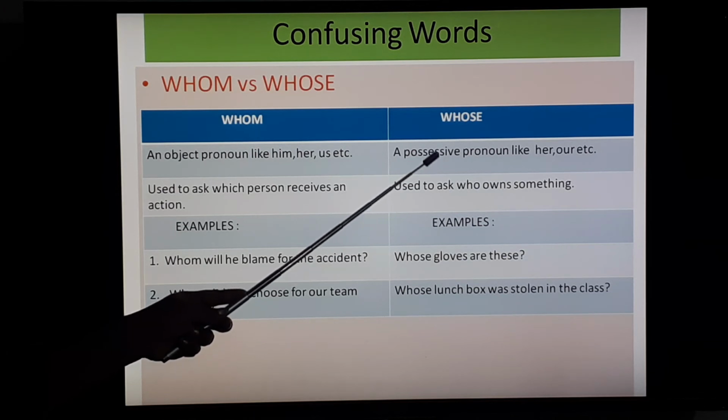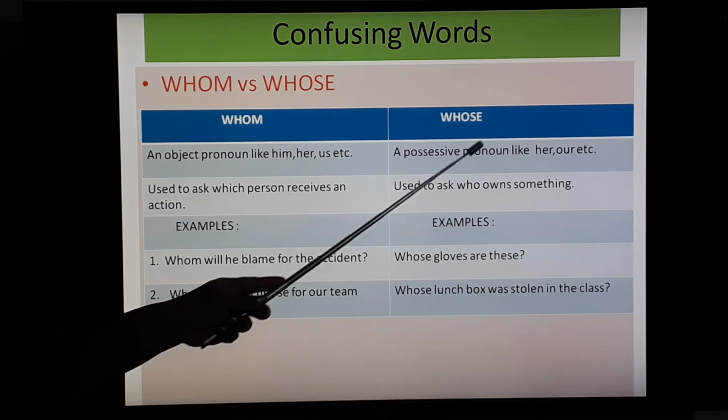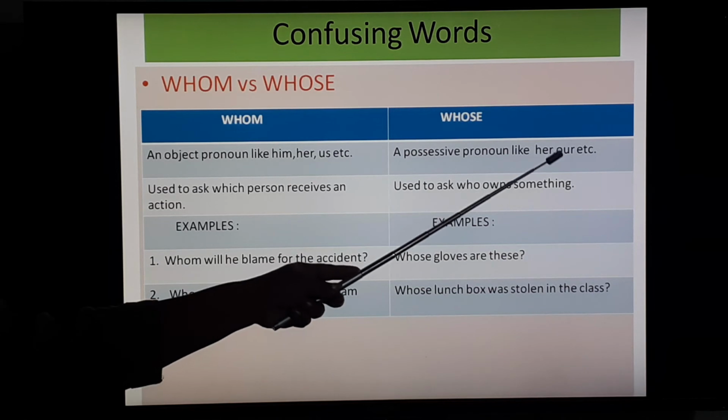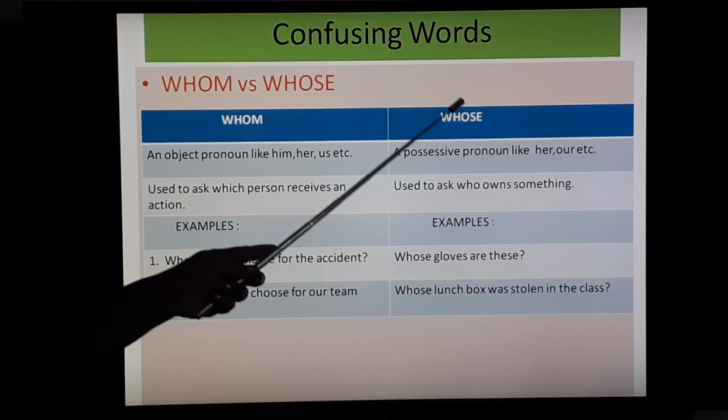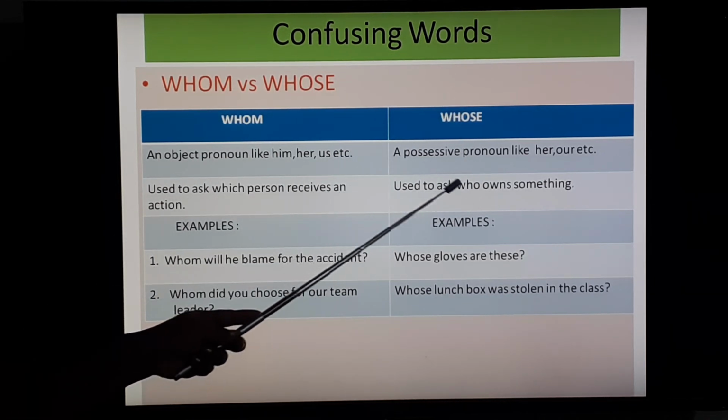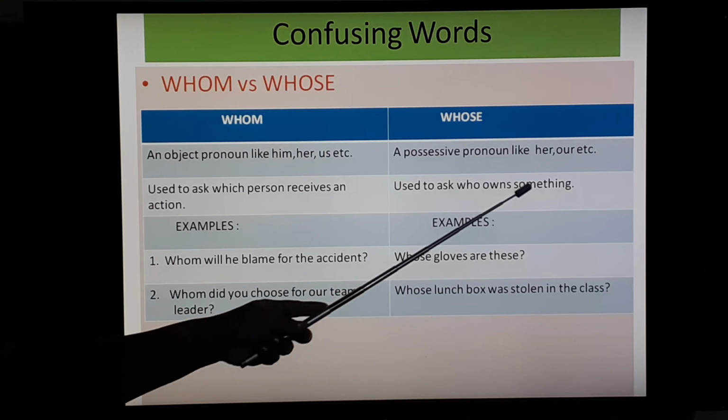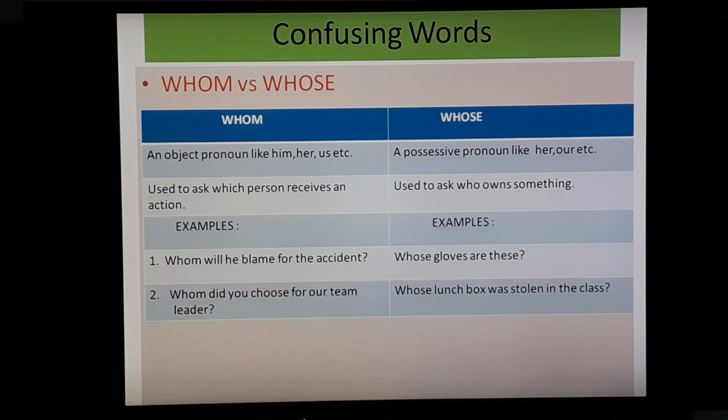Possession means ownership. A possessive pronoun like her, our and so on. Now come to whom. It is used to ask which person receives an action. So it is about the object. Then whose is used to ask who owns something. Who is the owner?